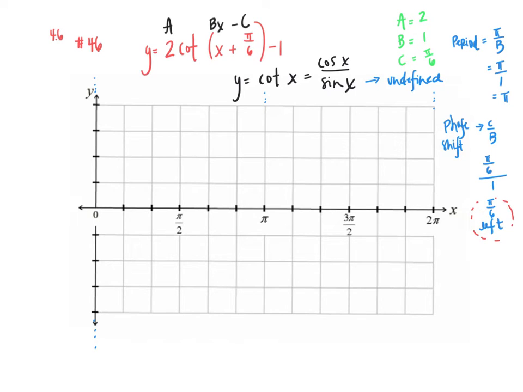So that's where I'm going to start, because if I shift my asymptotes 30 degrees, now I'm going to label this, but this is going to be a negative pi over 6. And this one's going to occur at 5 pi over 6.